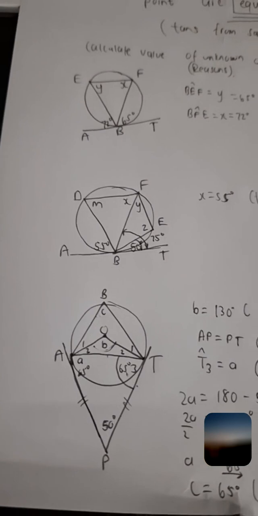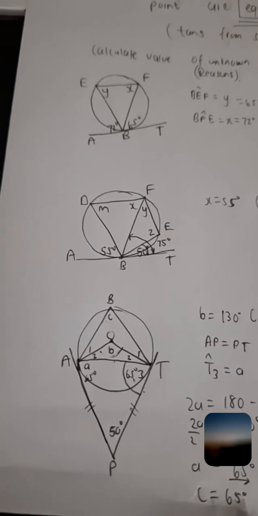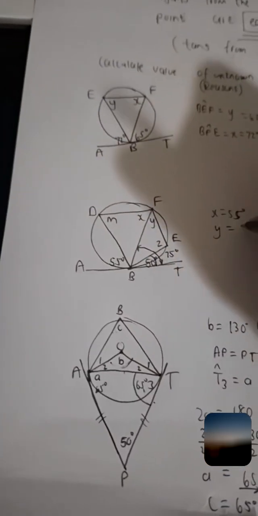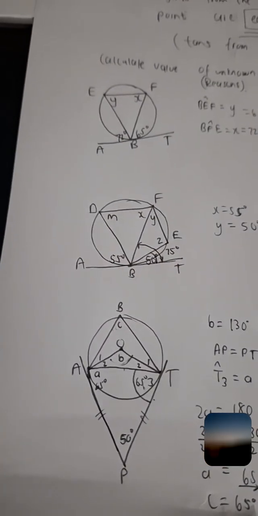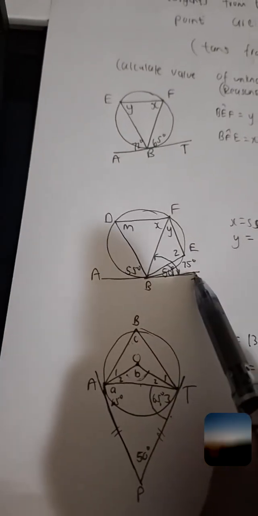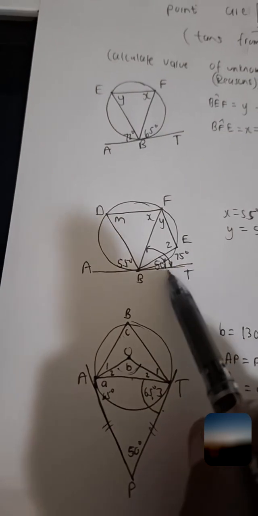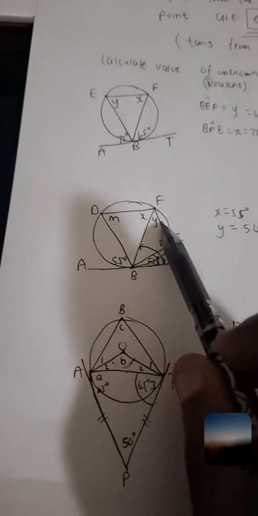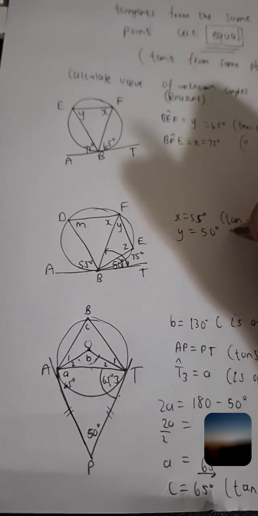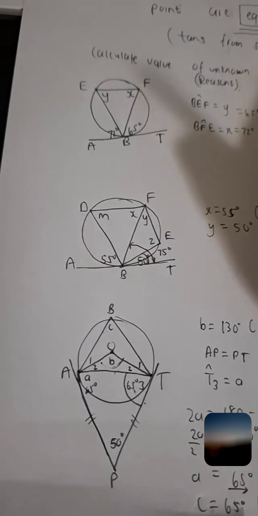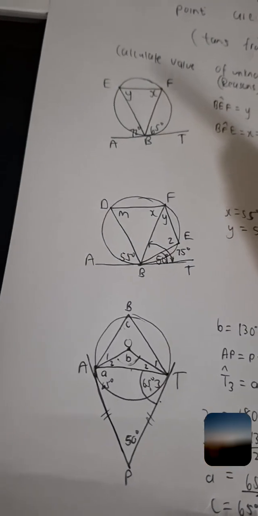Therefore angle Y is equal to 50. Very good. Y is equal to 50 degrees. Reason: tan chord theorem, because the tangent and the chord BE subtends angle Y. Okay, Y is equal to 50 degrees, tan chord again. Tan chord is loving us here.